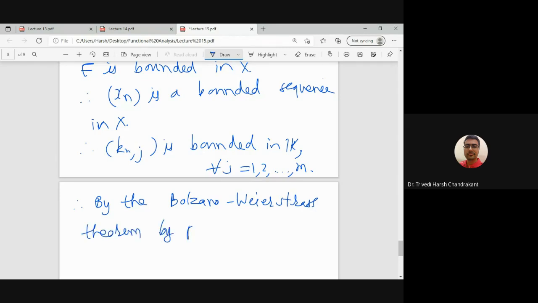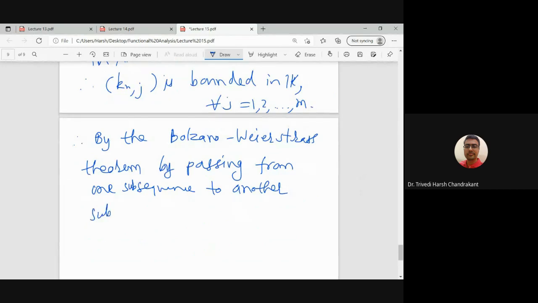by passing from one subsequence to another subsequence, we can find a common subsequence which converges for each j.